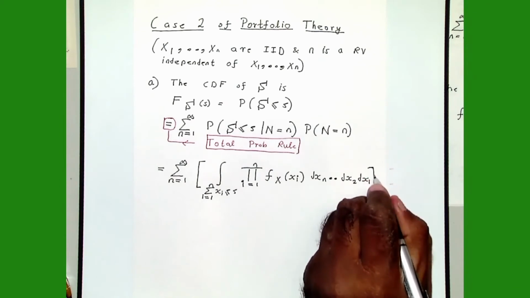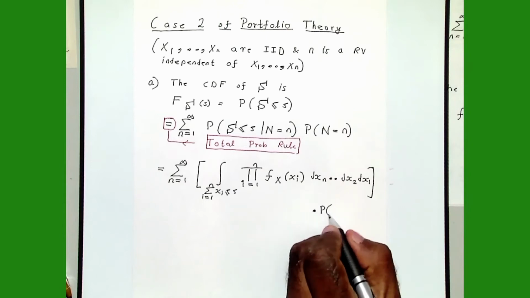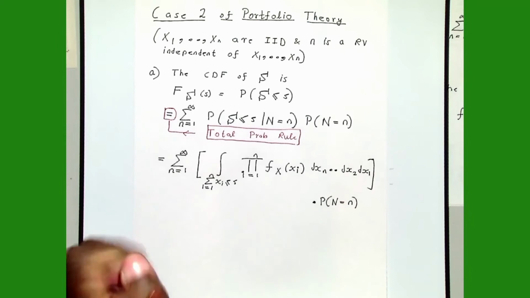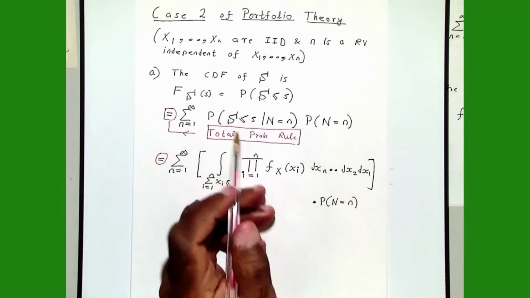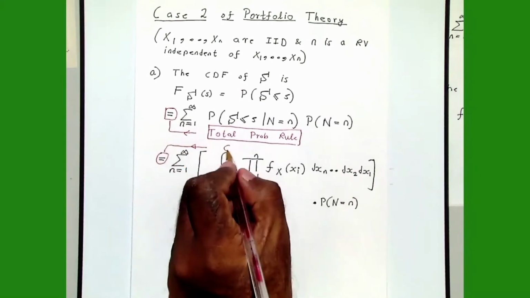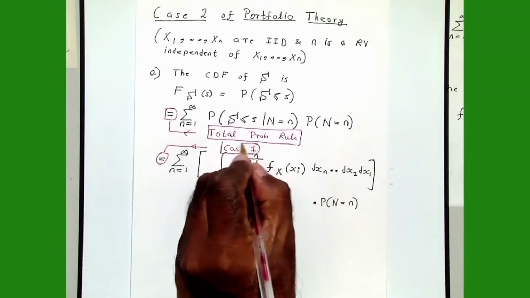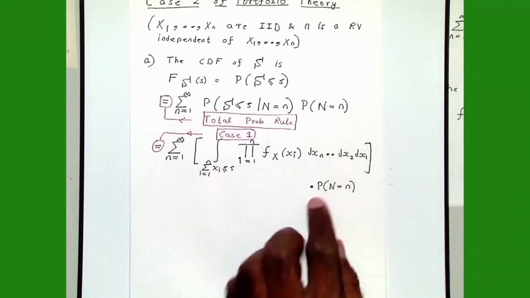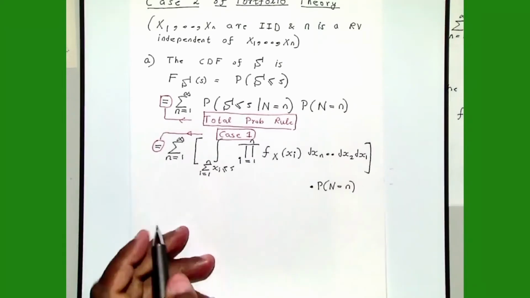Right, and this multiplied by the probability that capital N equal to little n. So the step from this line to this line comes because of the result that we got in case 1. Okay. All right. So this is the formula for the Cdf of S under case 2.